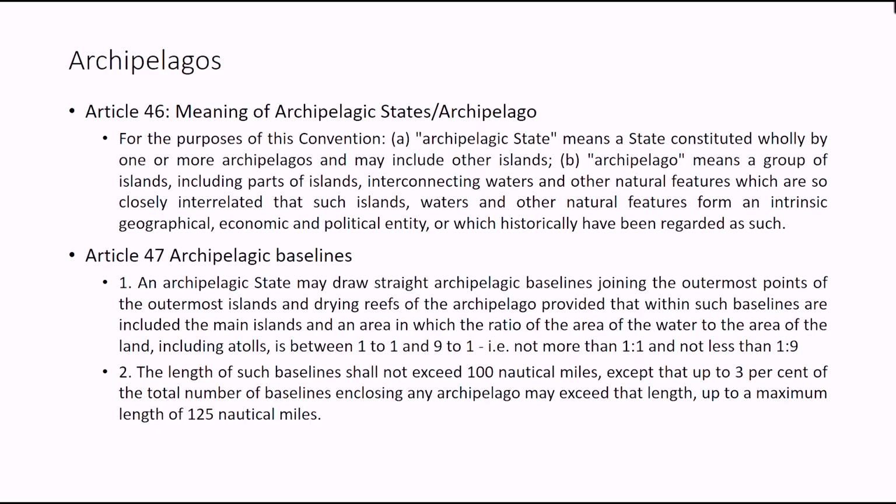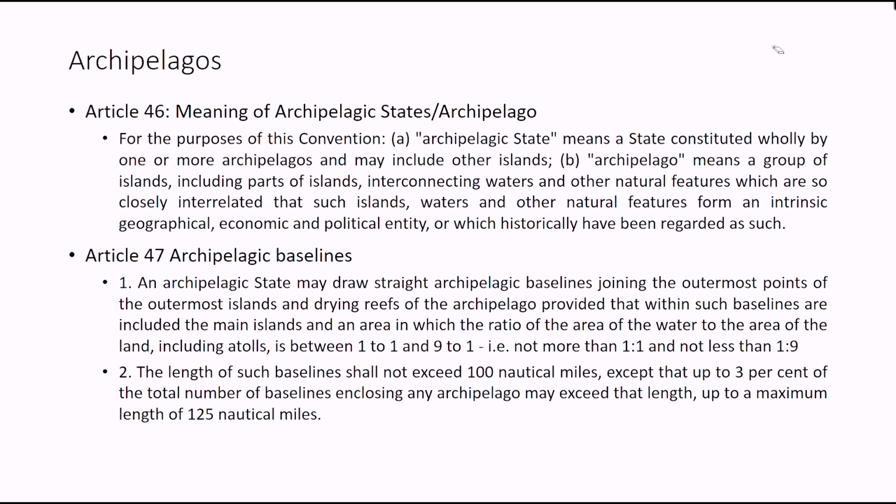Now friends, let us talk about archipelagos. What is an archipelago? An archipelago is nothing but a group of islands. Let us say there are hundreds of islands, as you can see, in a cluster. All of this will be called an archipelago.